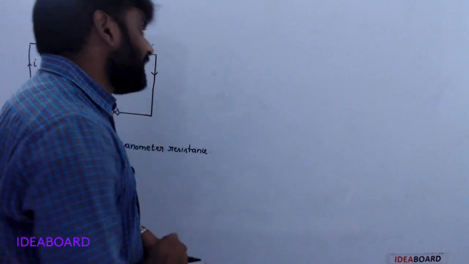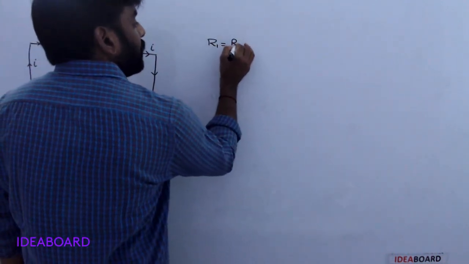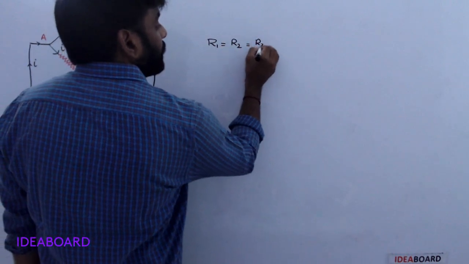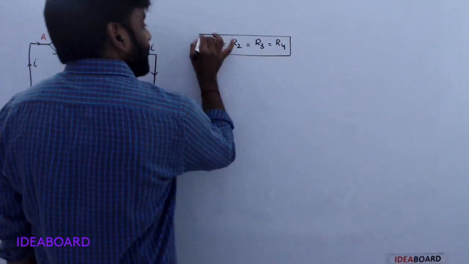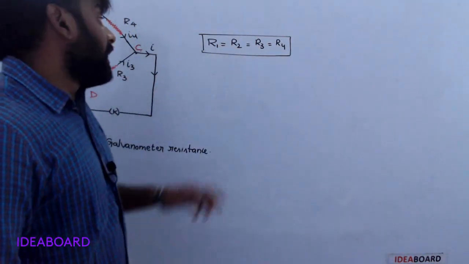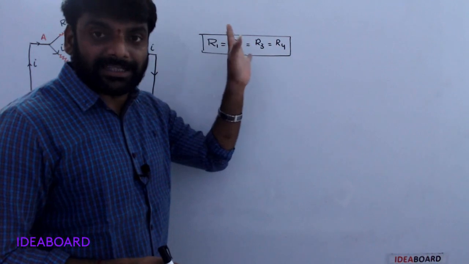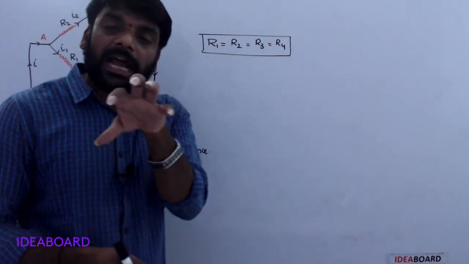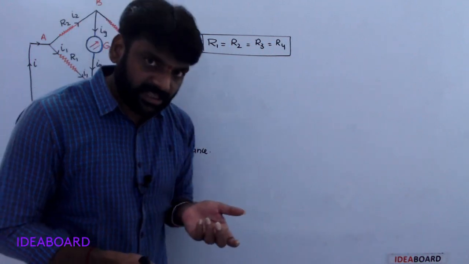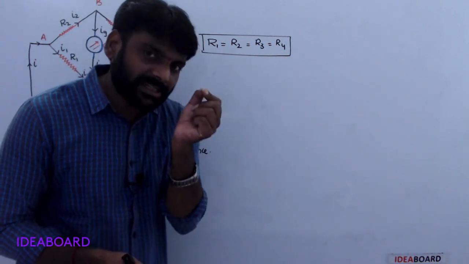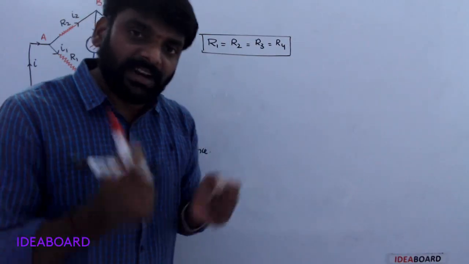The sensitivity is highest if all resistors are equal. In that case, the galvanometer has high sensitivity. You know, sensitivity means a small change in resistance, and the galvanometer shows high deflection.